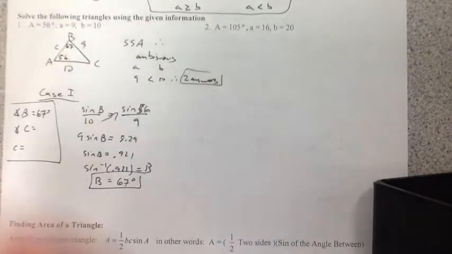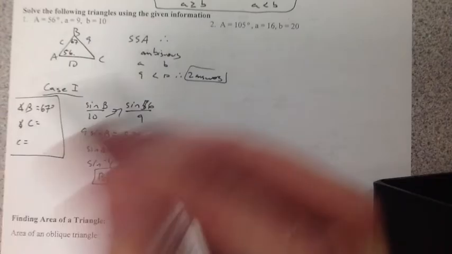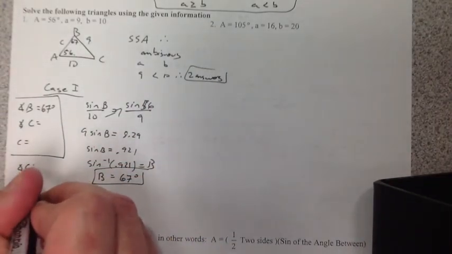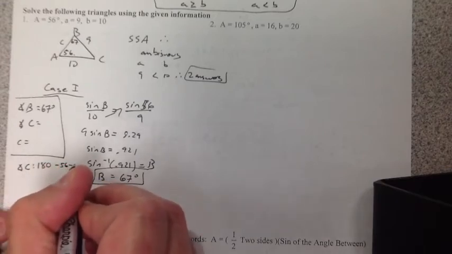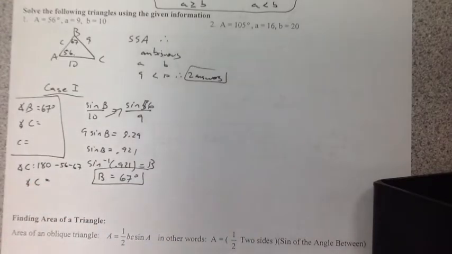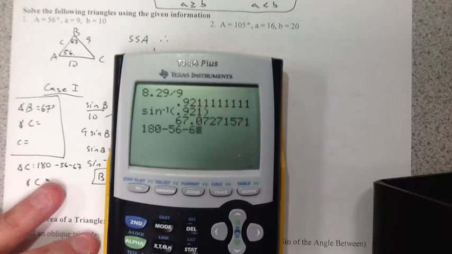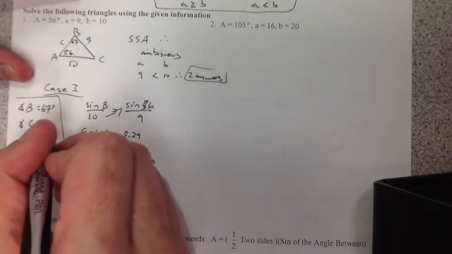Now, once I have B, can we then find C? Yeah, because now I have my two angles. So to get angle C, I'm going to take 180 minus the 56 minus the 67. So angle C, 180 minus 56 minus 67, and we get 57 degrees.